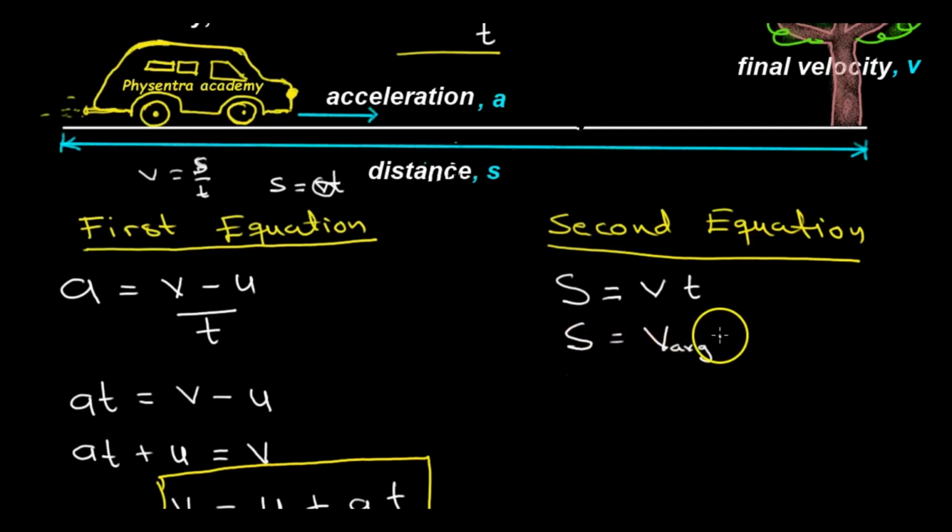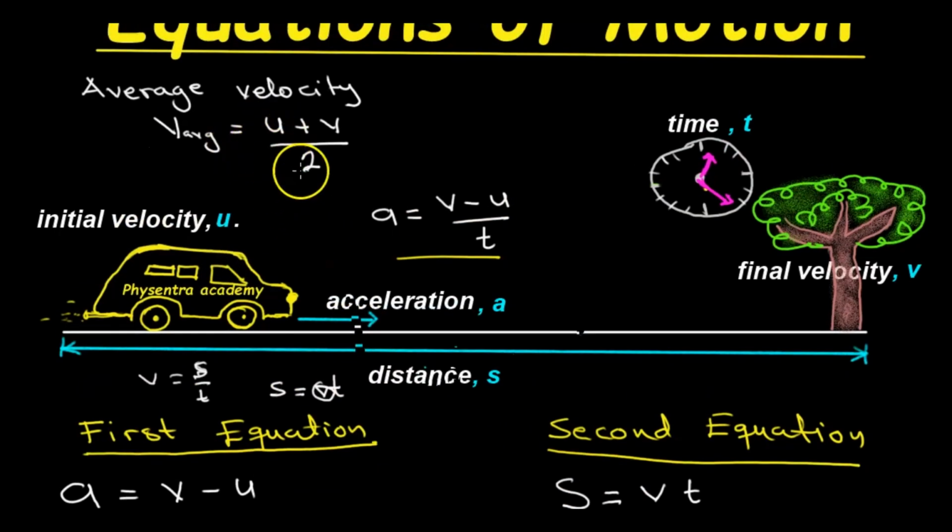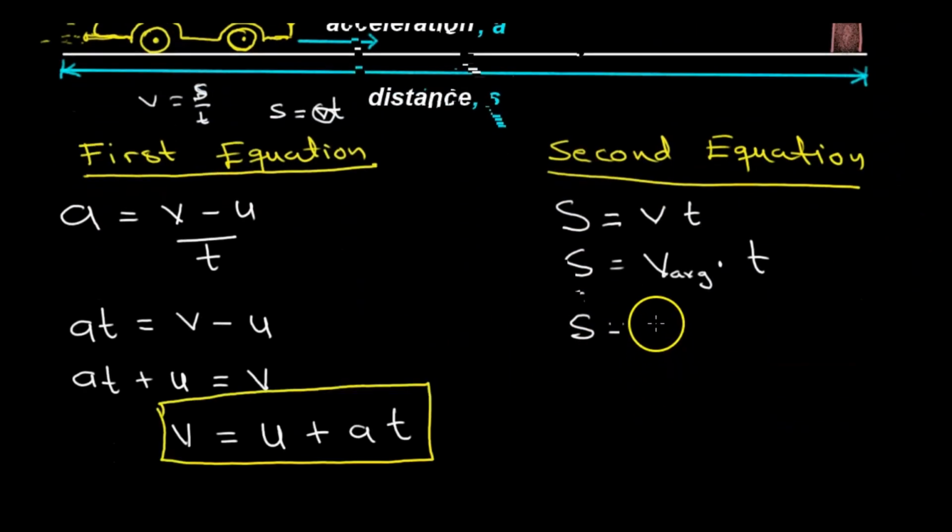So you find the average of the velocities and multiply by time to get the displacement. We deduced from here that average velocity is equal to u plus v, initial velocity plus final velocity, all divided by 2.